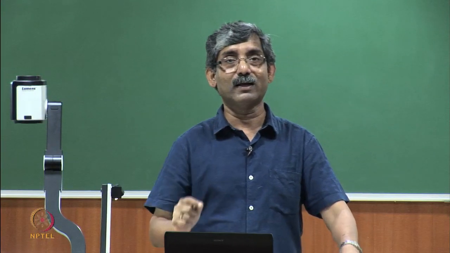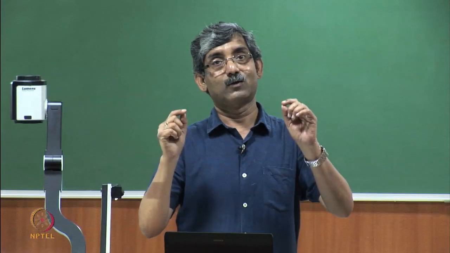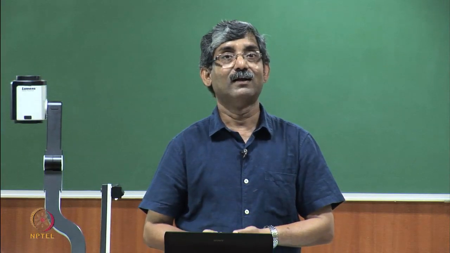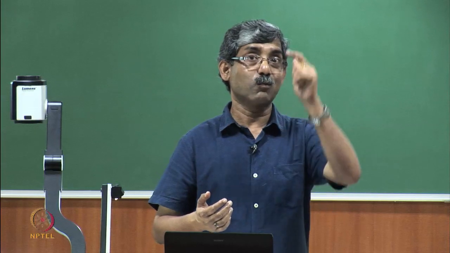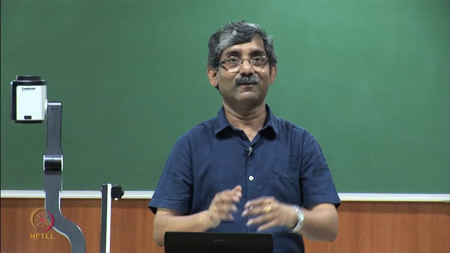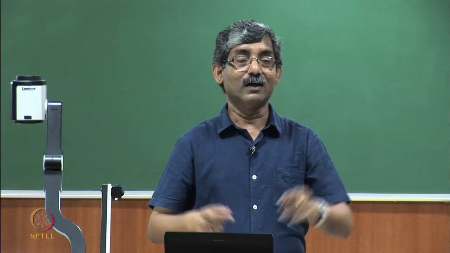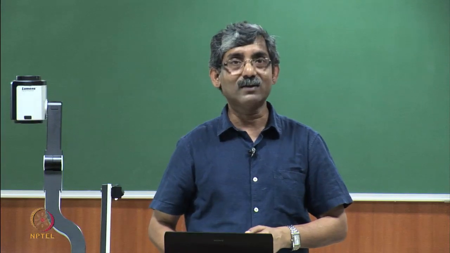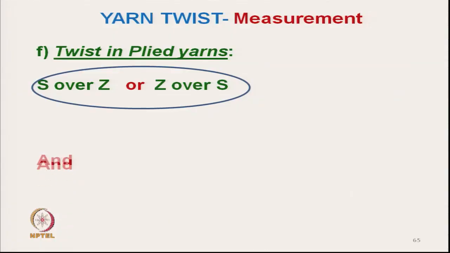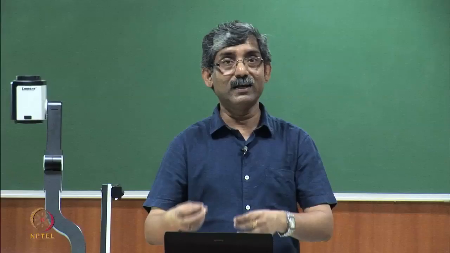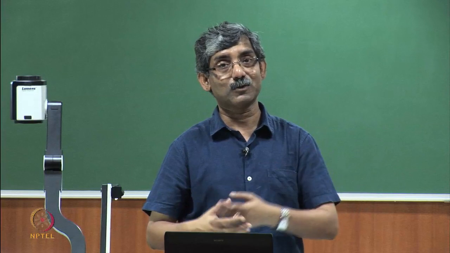Suppose we want to impart a twist of 30 TPI or 40 TPI in the ring frame, the impact is that first, the productivity of the ring frame will go down drastically, and also the yarn will have a snarling tendency, so we cannot actually process the yarn in the next process, in winding or twisting it is not possible.